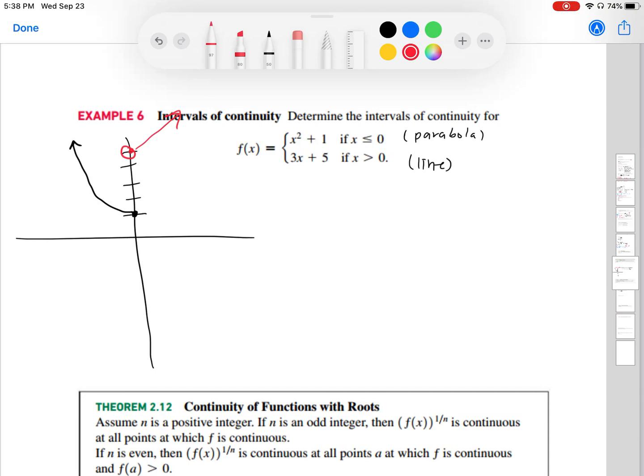Okay, so I want to determine the continuity for this function. We need to know that this function f is continuous at 0 because it's evaluated at that point. Well, the left continuity: f is continuous at 0 if I look at it from the left.